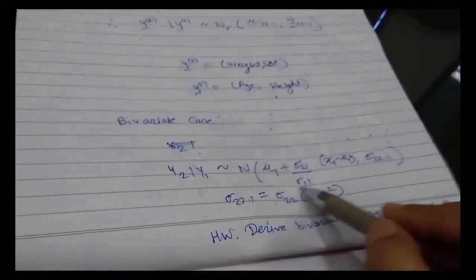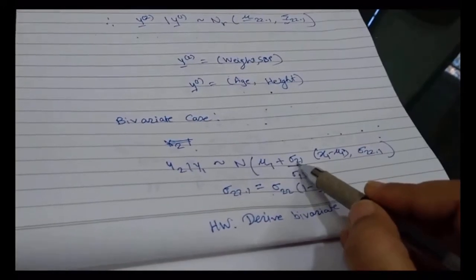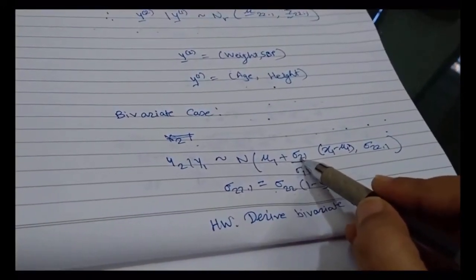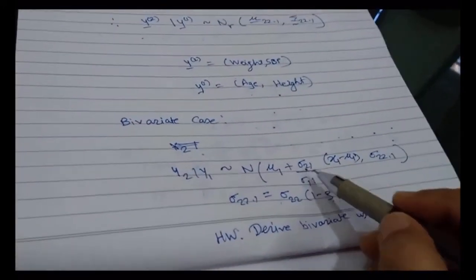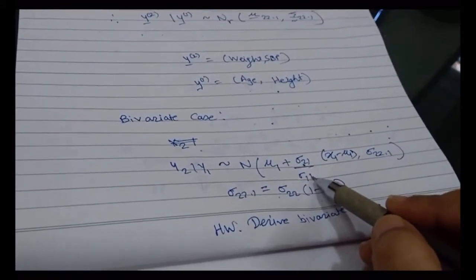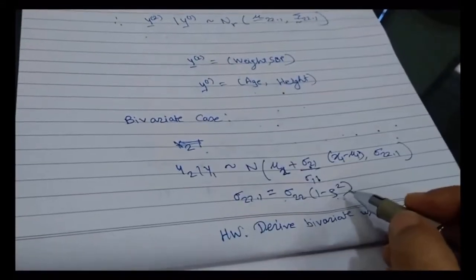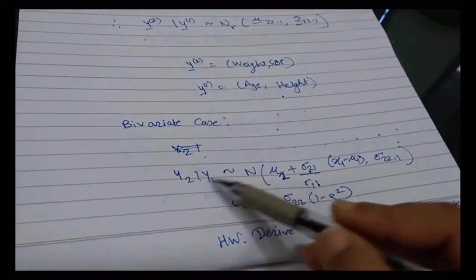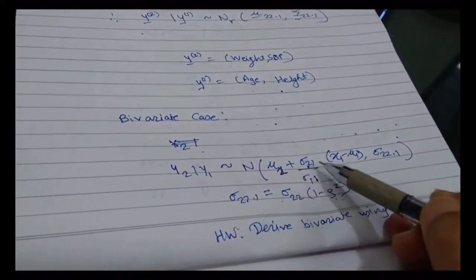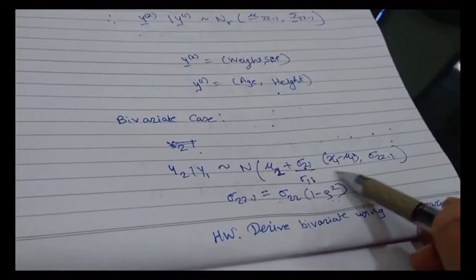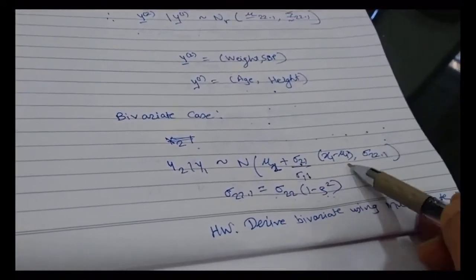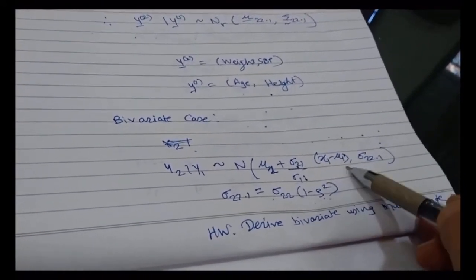Another important point to be noticed about the distribution is this. Sigma 21 is the covariance. Suppose the covariance between x and y is positive. This is anyway a variance, so this is going to be positive. So in that case, the conditional mean of y2 is mu2 plus this positive quantity into something. Now this quantity can either be positive or negative.